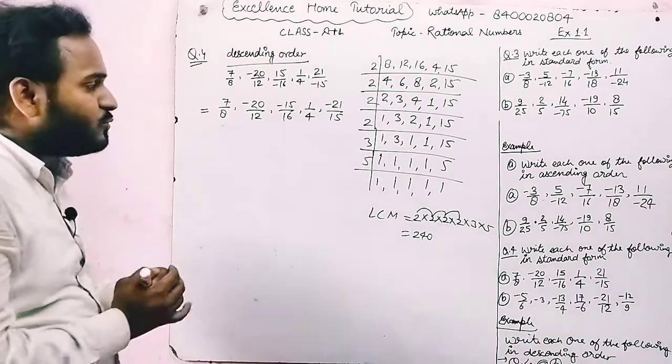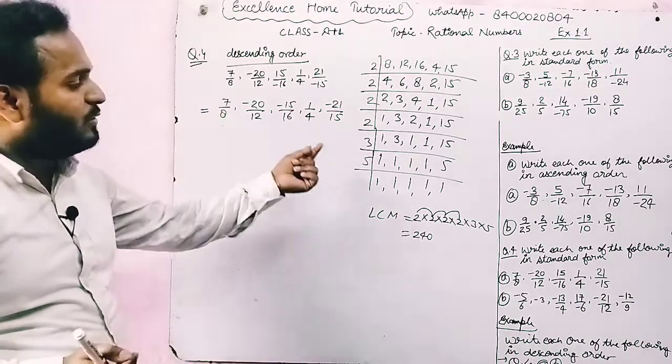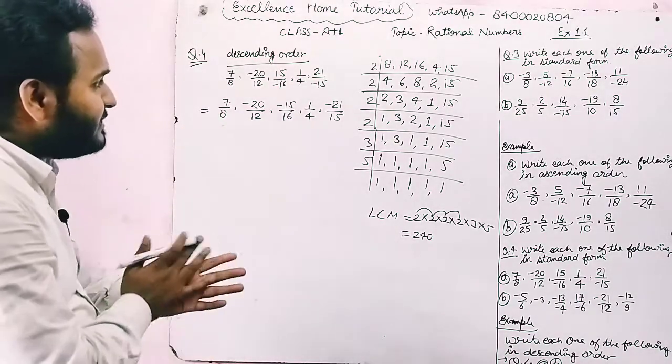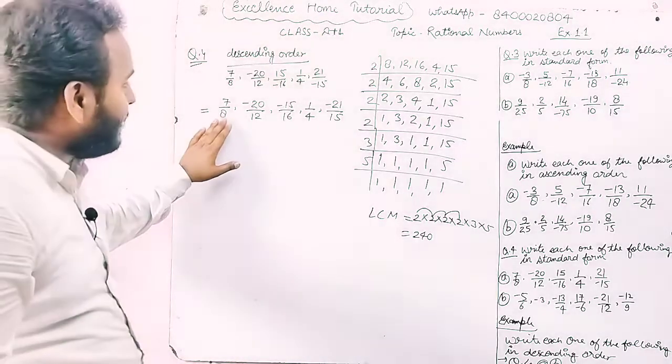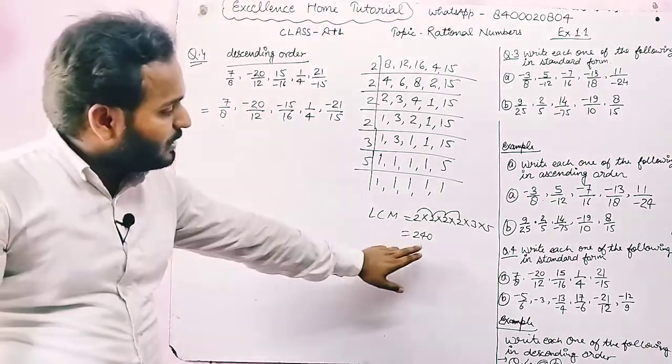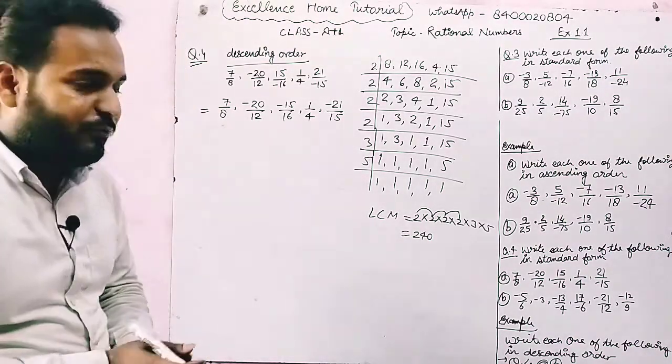So we have to make every denominator equal to 240, that means equivalent rational numbers whose denominator is 240.